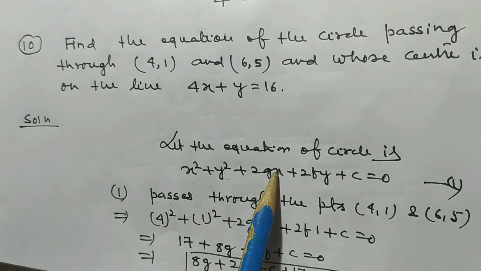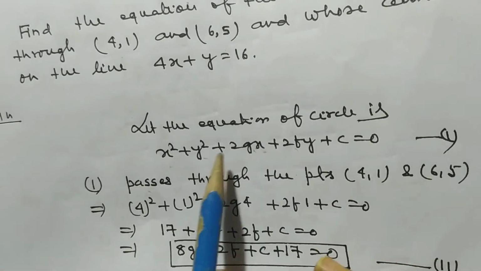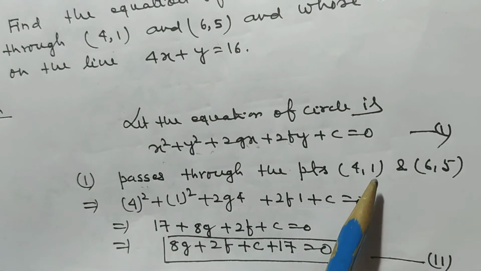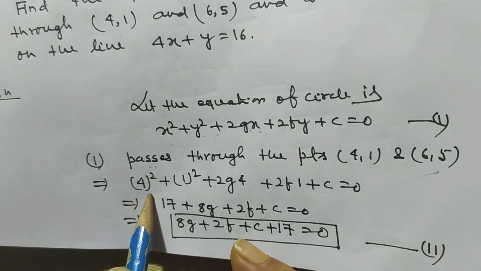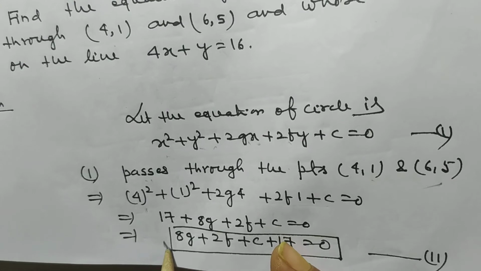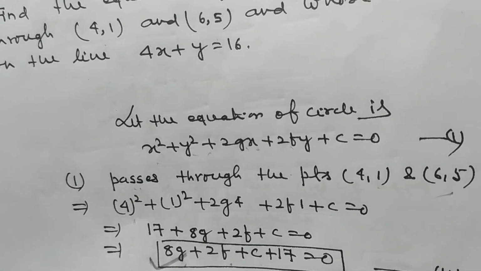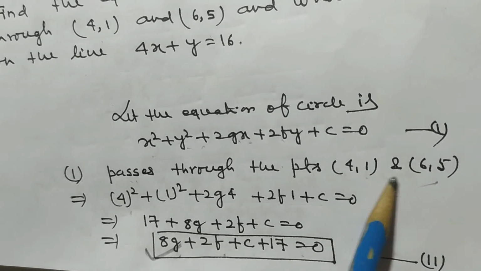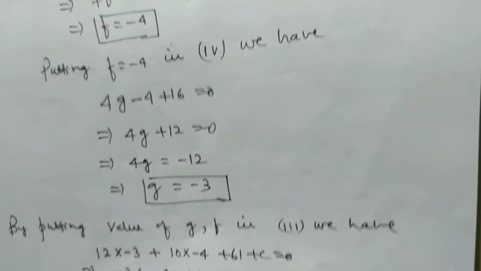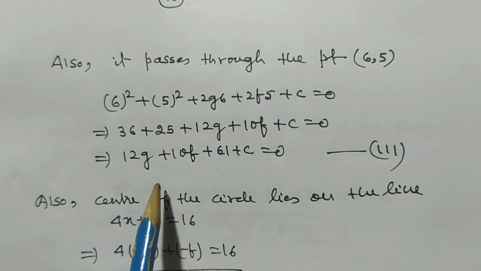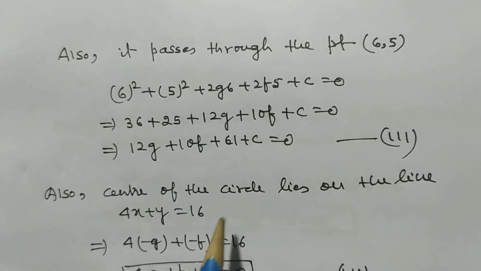Since the circle passes through the points (4, 1) and (6, 5), we put x is equal to 4 and y is equal to 1 and write the equation 8g plus 2f plus c plus 17 is equal to 0. And again we put x is equal to 6 and y is equal to 5. We get the equation 12g plus 10f plus 61 plus c is equal to 0.